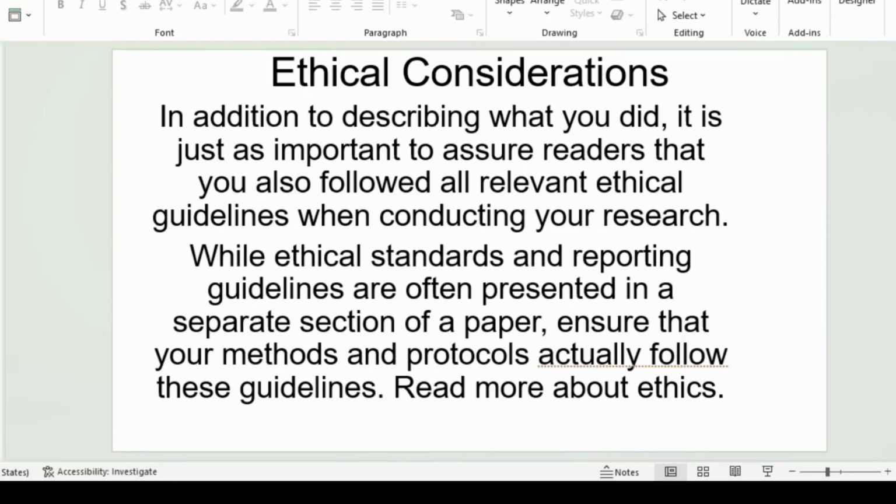And as I've just mentioned, every university is just like every home. It has got its own ethical issues, ethical standards that need to be taken care of. Now, while standards and reporting guidelines are often presented in a separate section of a paper, you actually follow those guidelines.